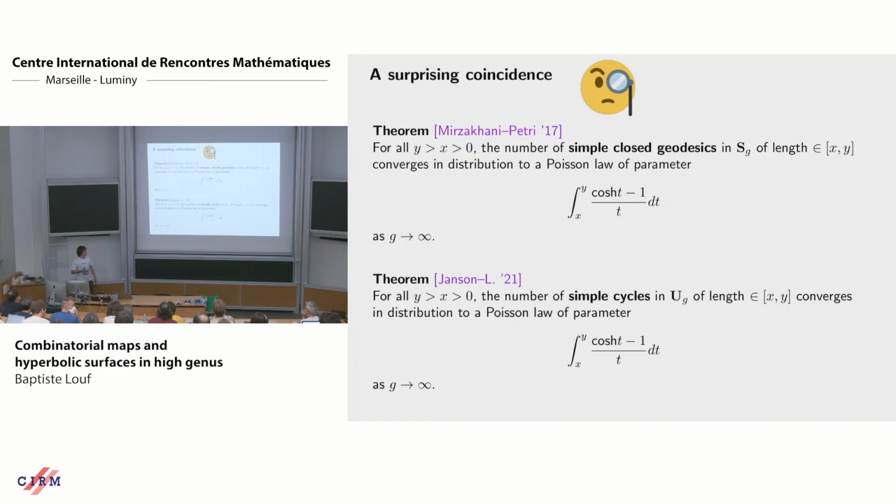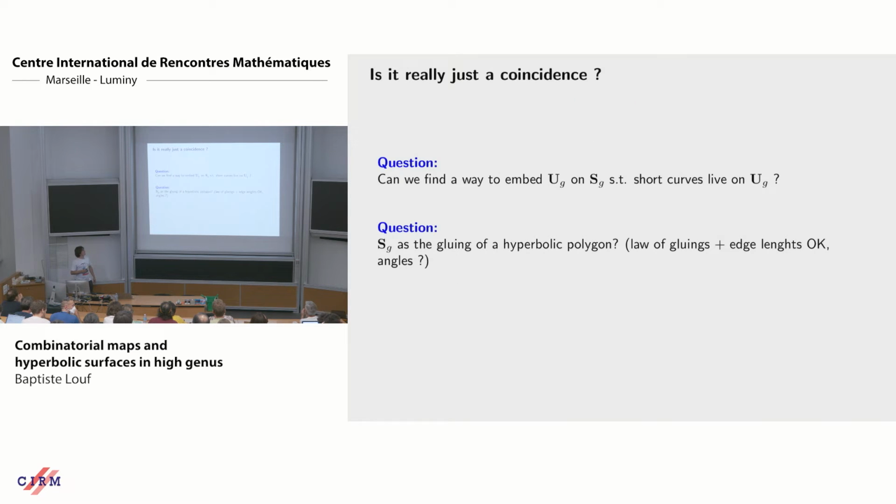So the question I can ask today is, can we find a way to embed my random map on the hyperbolic surface, exactly or asymptotically, such that also the short curves, the short geodesics, live on the graph? That's a big requirement. So that's why it's very surprising. I still want to have hope.